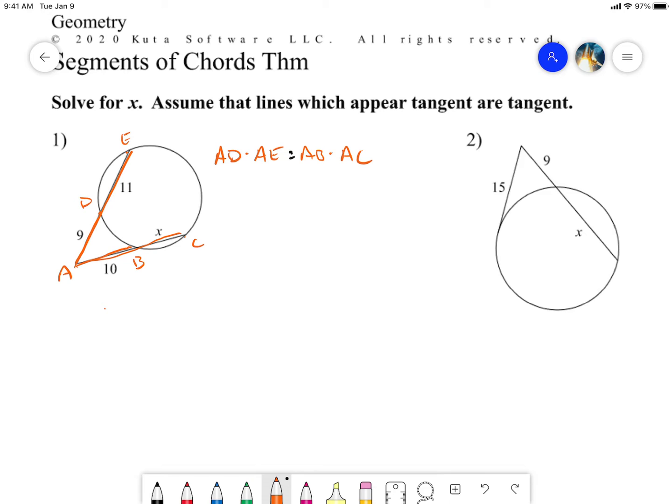Now this is where the tricky part happens because I have to substitute in my values. Okay? So I know that AD is 9. Okay? And then I know that AE is 11, correct? No, Curran, what is it? It's 20. Because the 11 only refers to the section inside. Oh, sorry, I just wrote that.